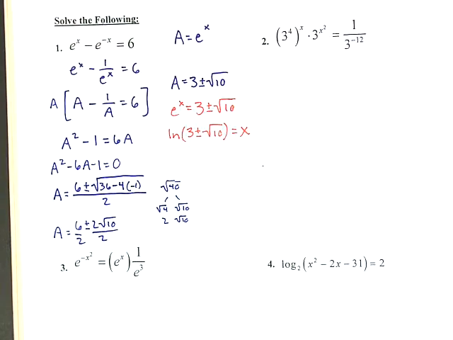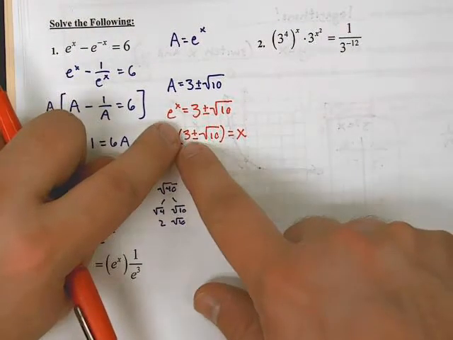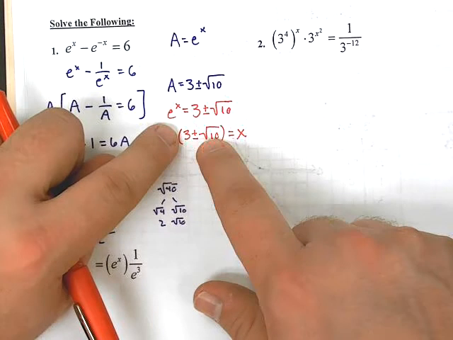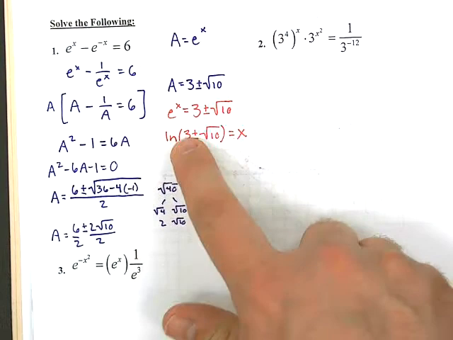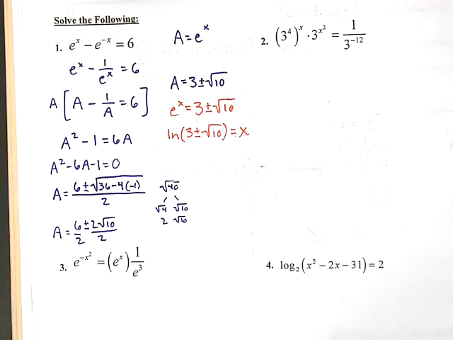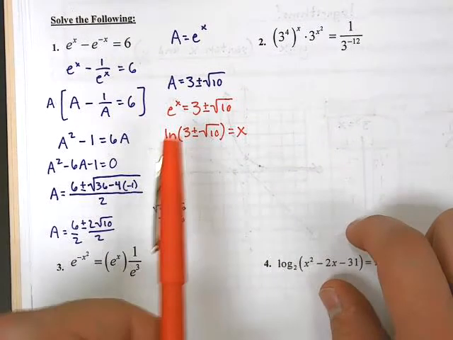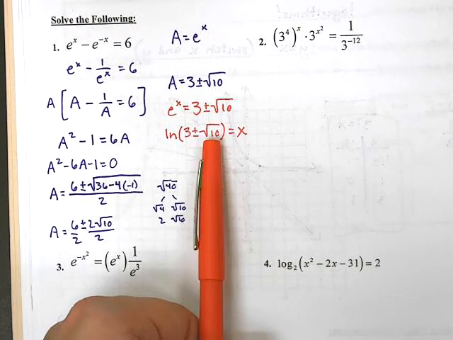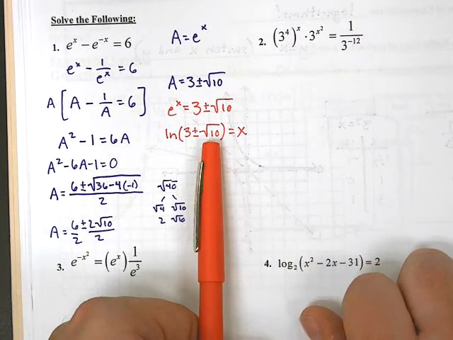Last thing you have to do is check for extraneous, okay? Now, nice and easy on the top. 3, which is positive, plus another positive, that's going to be positive. What we have to do is figure out if when we subtract root 10 from 3, that'll be negative. And hopefully you agree with me when I say that yes, it will be negative. Why? Root 10 is just a little bit bigger than root 9, and root 9 is 3.